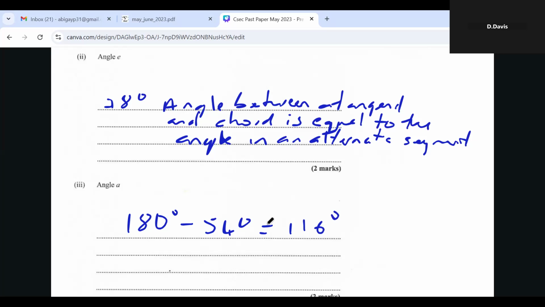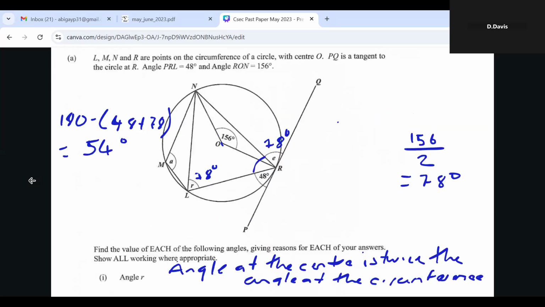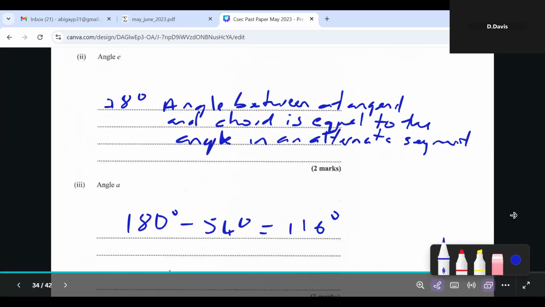Once again, with the circle theorems, it takes a lot of energy, a lot of power to remember all of these theorems and to pick the right one at the right time. So you have to know a lot of context, especially in triangles. You know all of your properties of triangles, properties of quadrilaterals, properties of a circle, etc. to help you with this. So good luck.